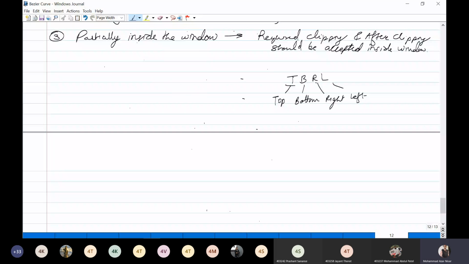Okay, first the main window 0000, then the neighboring ones.